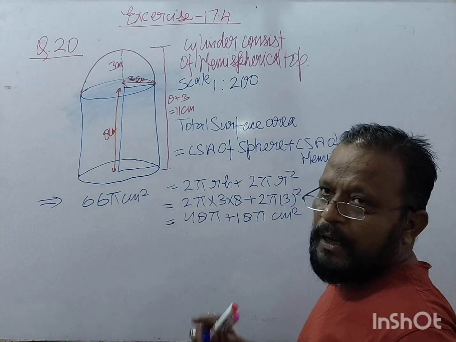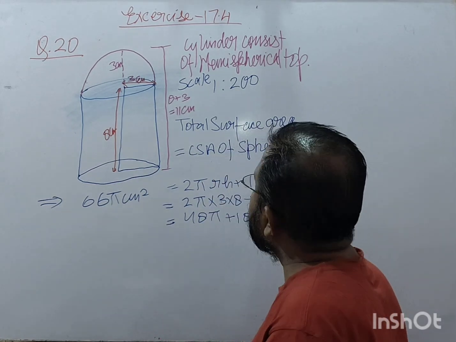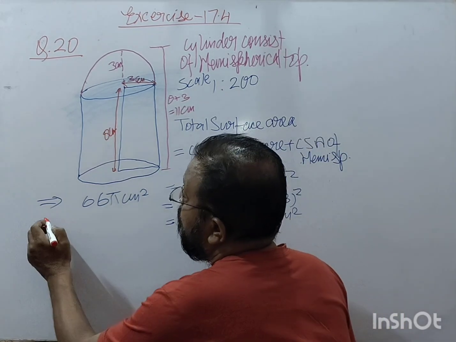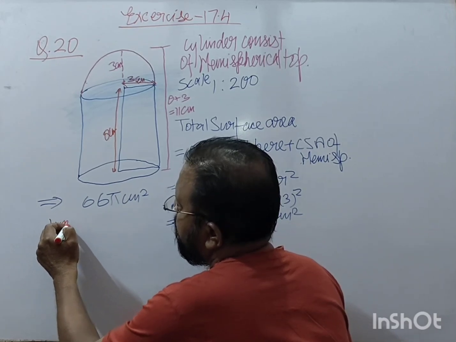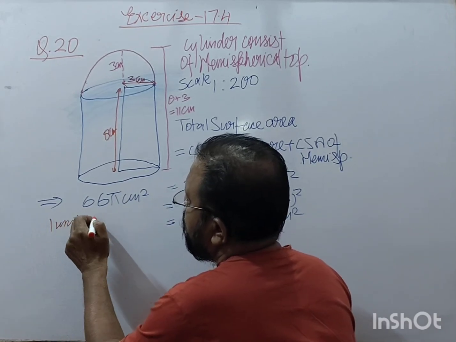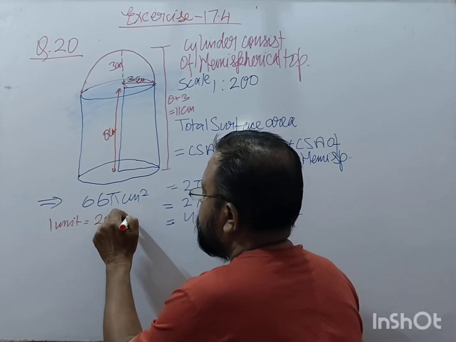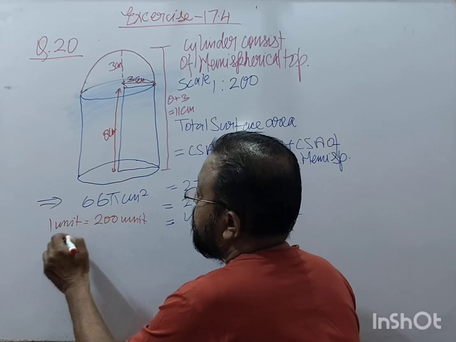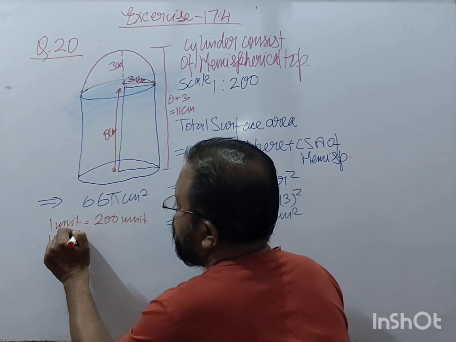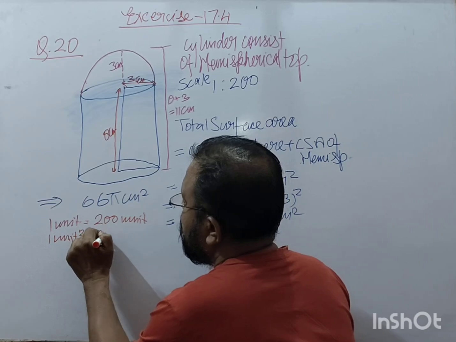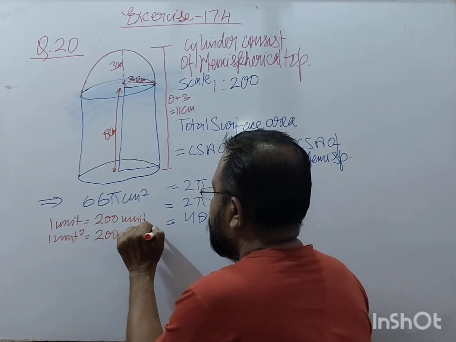Right. Now the scale is given: 1 unit is equal to 200 units. So 1 unit square is equal to 200 into 200 unit square.